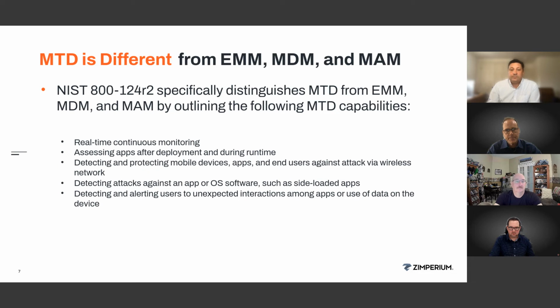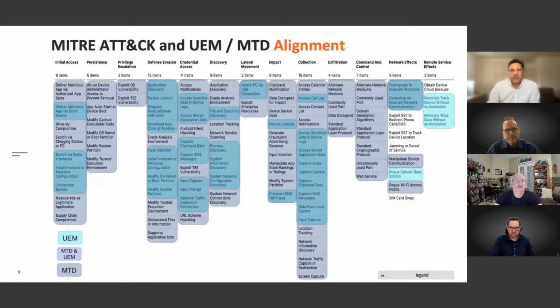So to further illustrate that point, if you look at the mobile attack framework, the green is the universal endpoint management. So basically a management capability for mobile devices that gives you about 40% coverage. If you layer on top MTD or threat protection, it gives you about 95% coverage working together with those solutions.